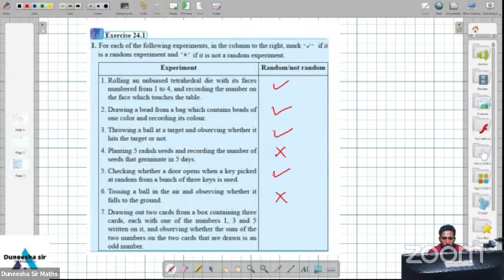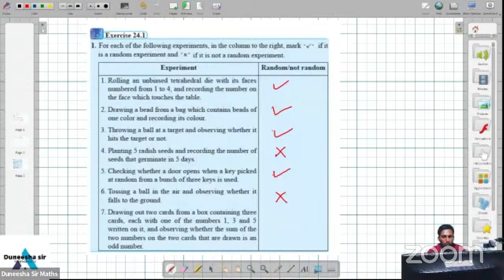The sum of the 2 cards should be what? What should the sum of the 2 cards drawn out be? An odd number.